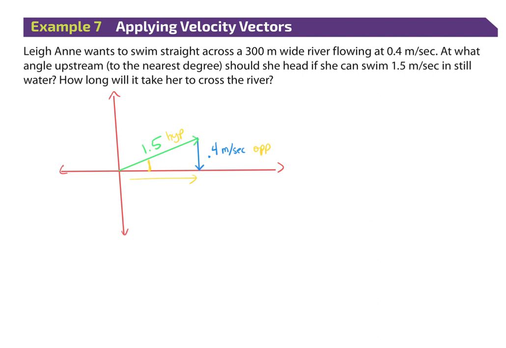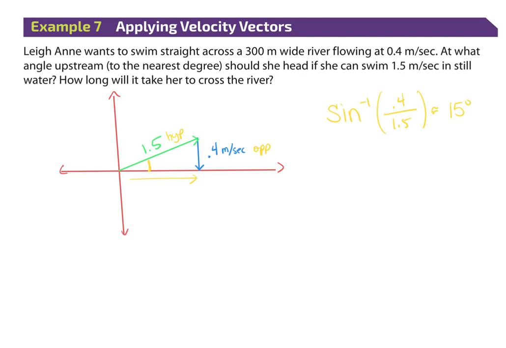So if I'm trying to solve for an angle, what am I going to use in my calculator? The inverse. I'm going to say the inverse sine of the opposite divided by the hypotenuse. And you should get, rounded to the nearest degree, approximately 15 degrees.